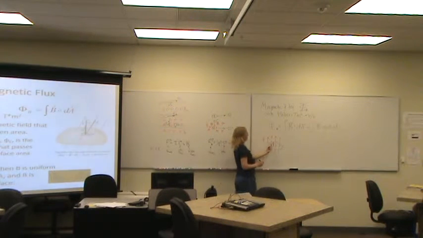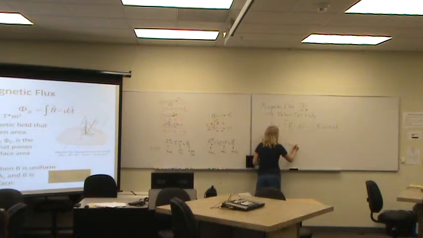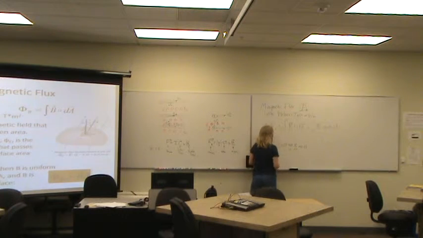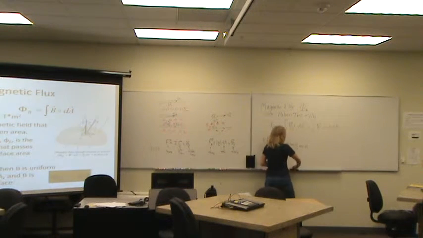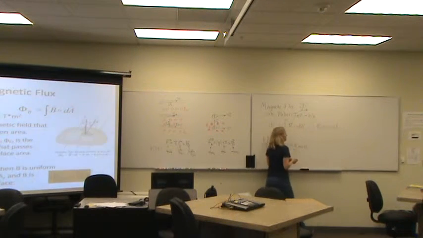So in this case, that dA hat, the normal to the surface, is parallel to our B, so our theta between B and a little dA hat is 0 degrees. Oops, sine, not sine, excuse me. I'm going to put that in red. Cosine, because we had a dot product, not a cross product.